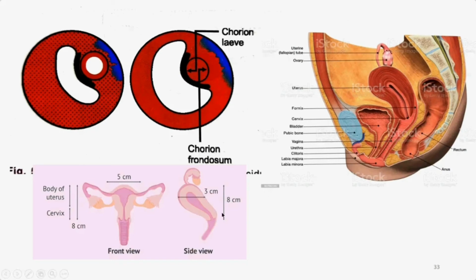Here, for a rough idea, is the transverse section of the pelvic cavity and how the uterus is placed. This is the uterine cavity. It is not a large cavity, but a slit-like opening. The diameter of the uterus is around 5 by 8 centimeters.